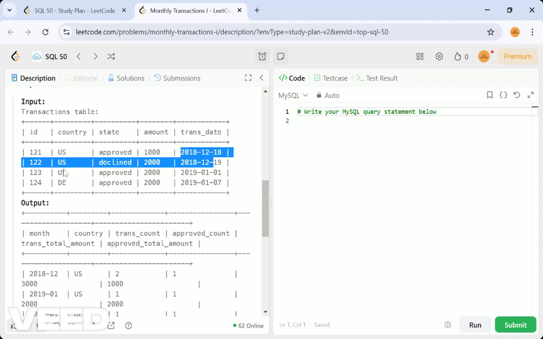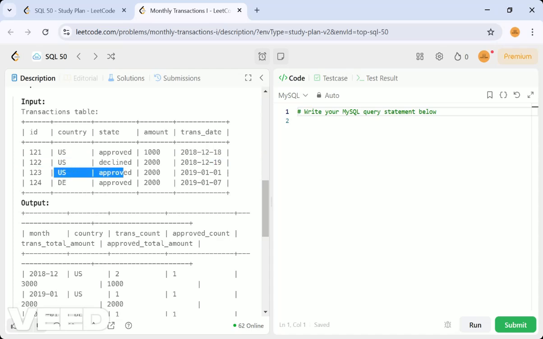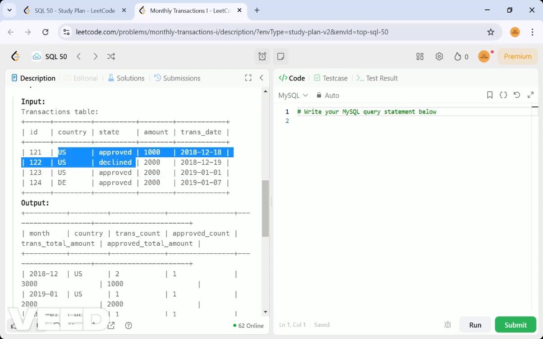If you see, the country is the same in this one too, but the month is different and the year is different, so we are not grouping this row. Only rows with the same country and same month will be grouped.